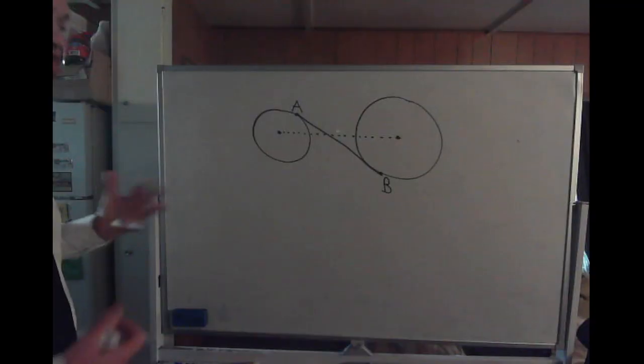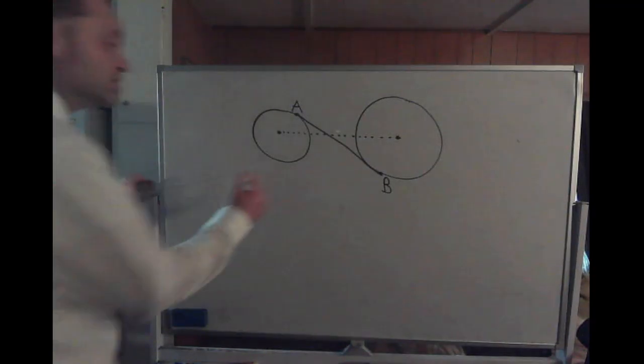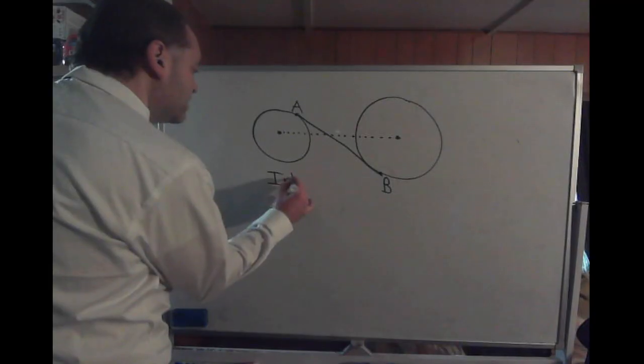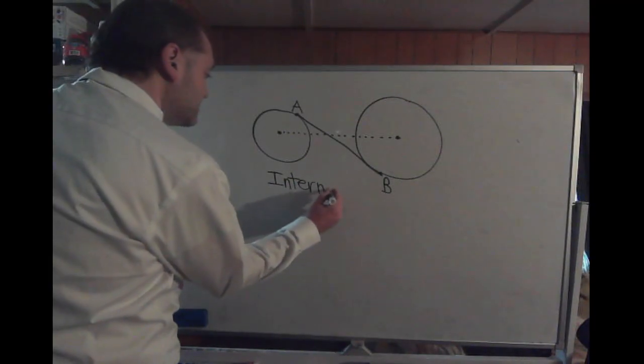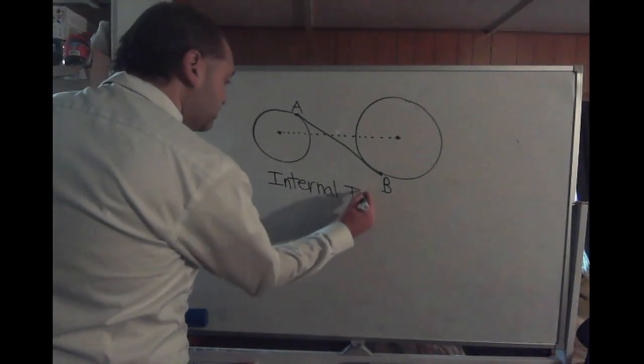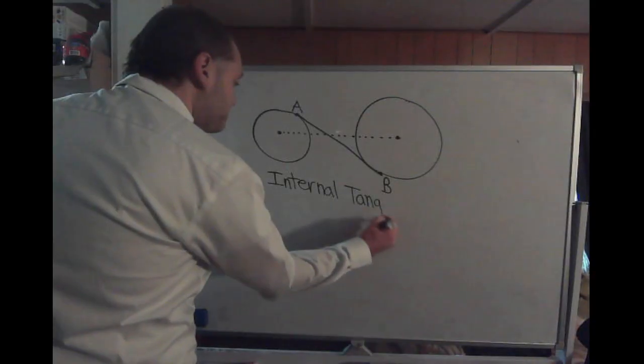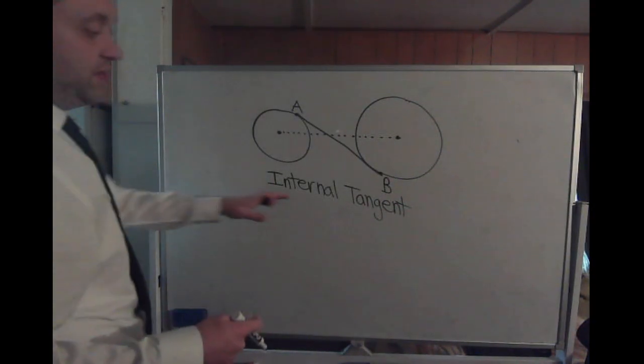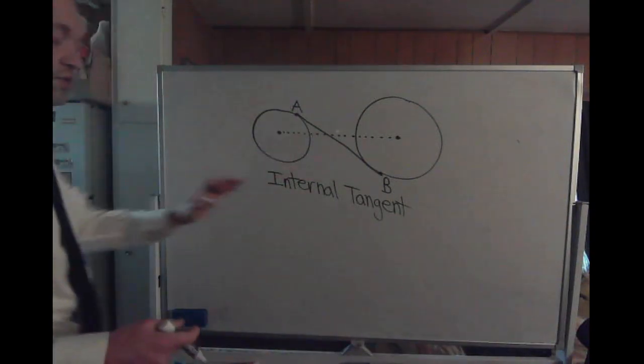If you have a tangent line between the two circles, that is called an internal tangent. If it goes between the two circles, that is called an internal tangent. So think of it as internal: inside, and between the circles.